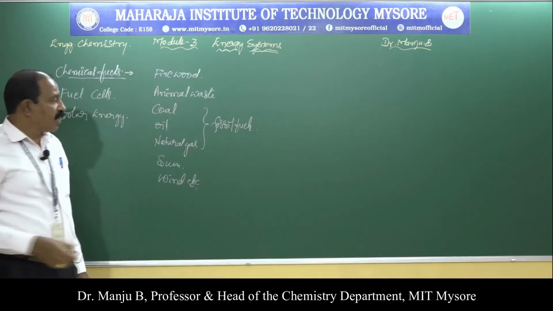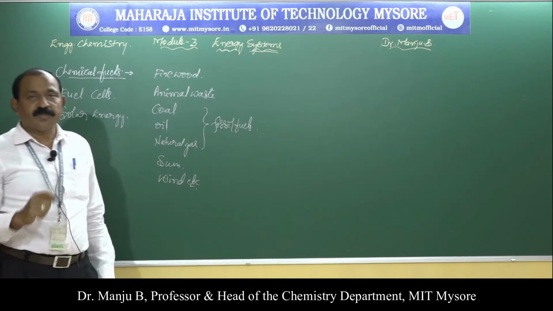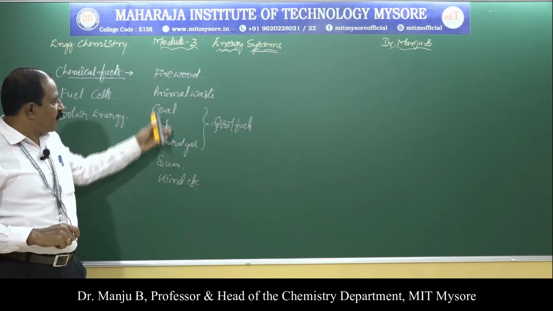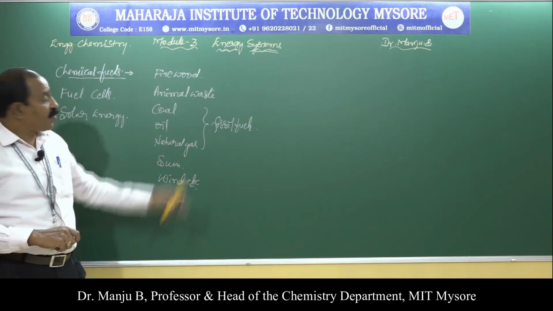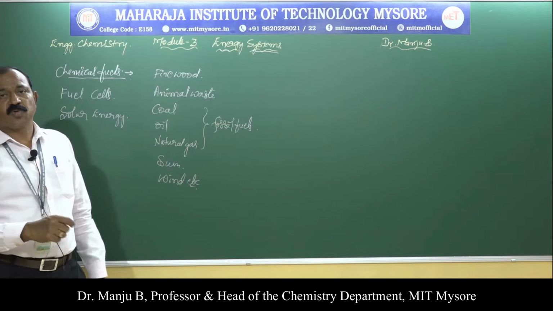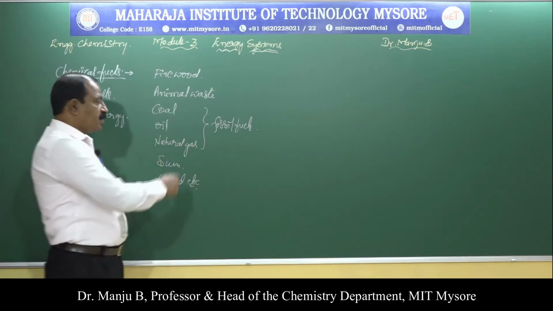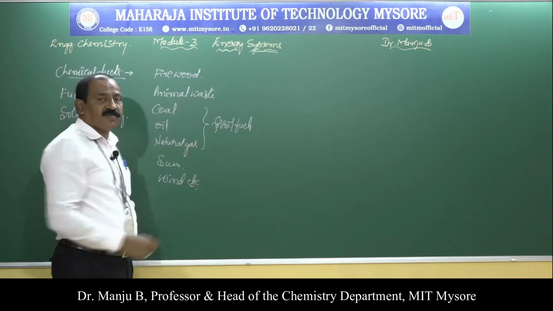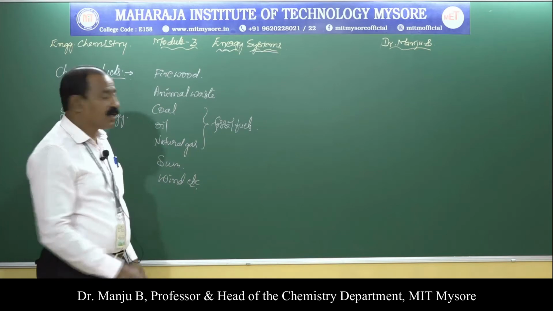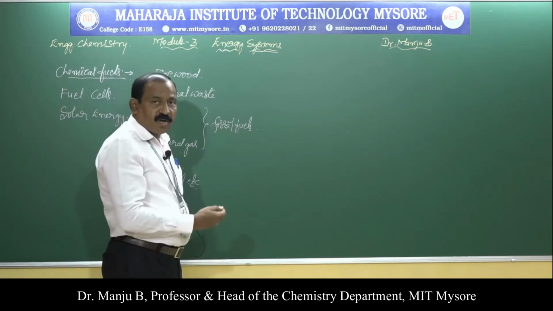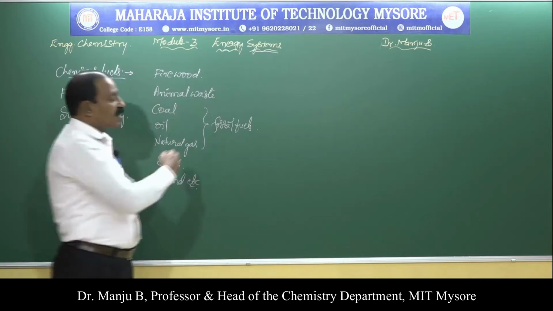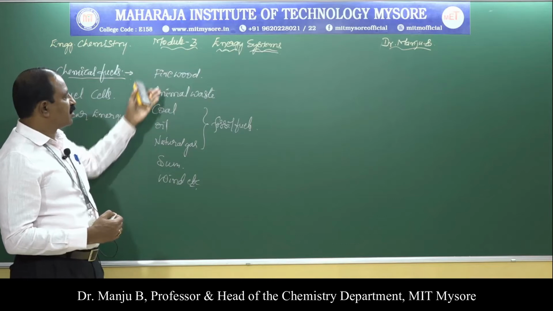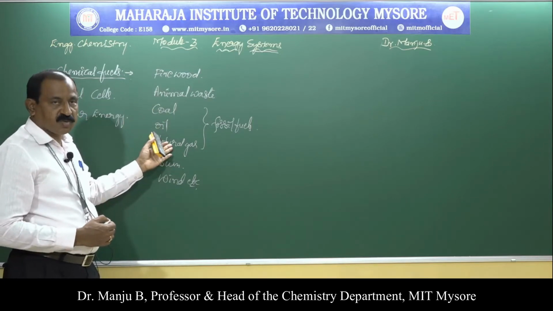Unfortunately, about 80 to 85% of the world's energy demand is supplied by fossil fuels. Only about 10 to 15% of energy demand is supplied by other sources. Still we are dependent on fossil fuels. Are fossil fuels renewable or non-renewable energy sources? These sources can generally be classified into 2 types: renewable and non-renewable energy sources.